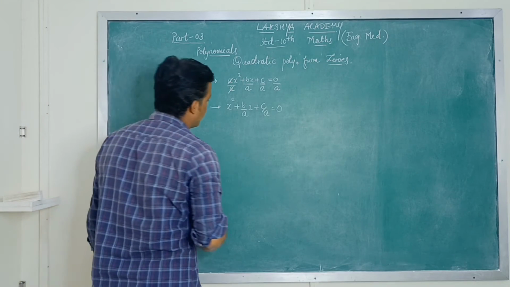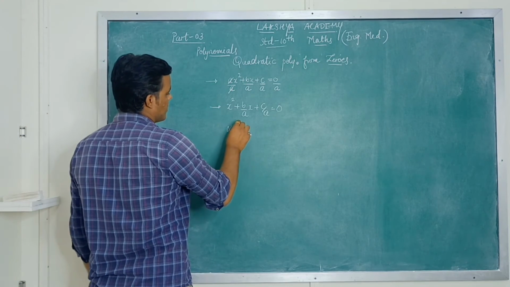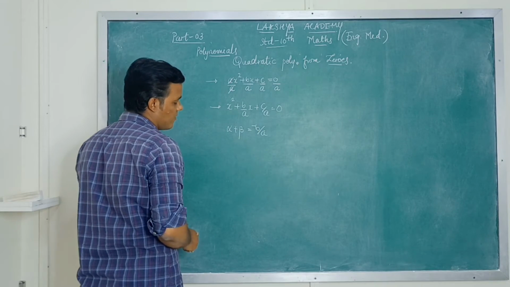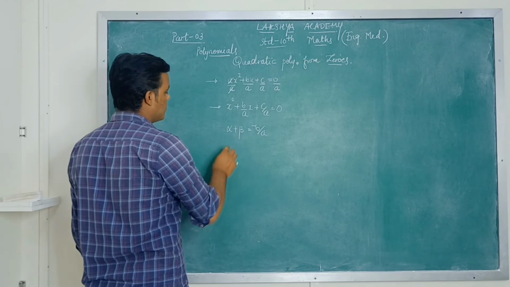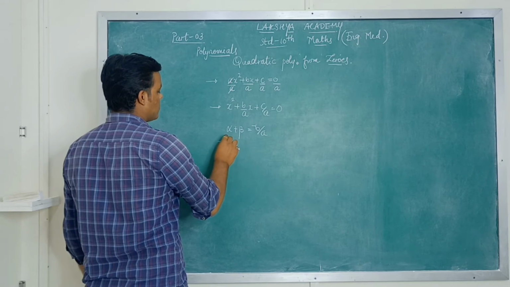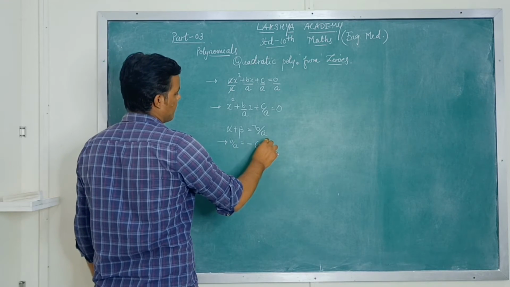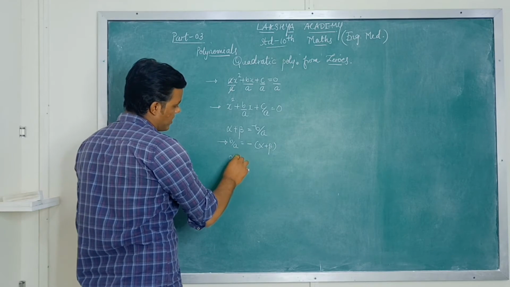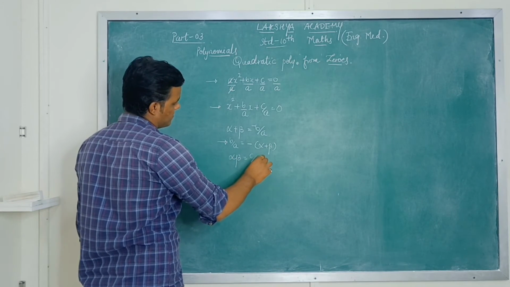Now we know from the relationship that alpha plus beta equals minus b by a. So b by a equals minus of alpha plus beta, and alpha into beta equals c by a.